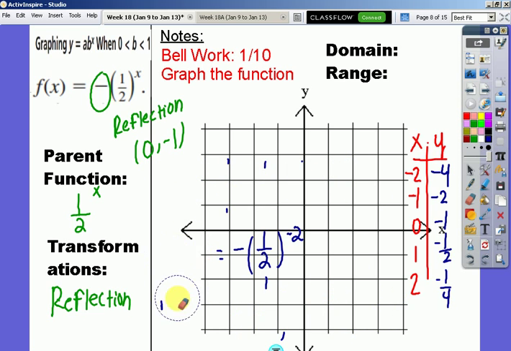So now we just plot those points. Okay. I'm going to go by ones. So make sure you let me know you're going by ones. I'm just going to indicate a couple points here.